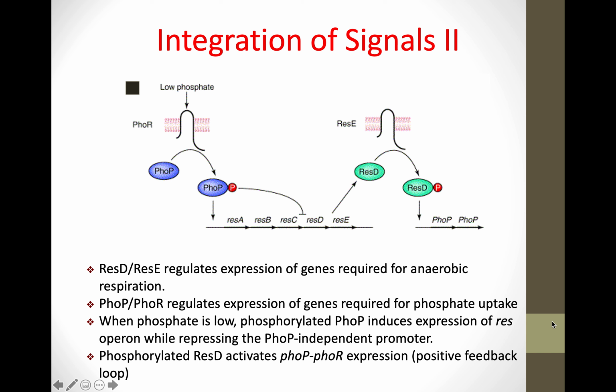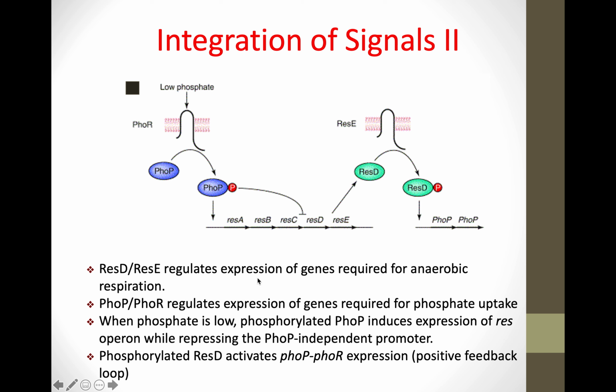So when the phosphate is low, phosphorylated PhoB will induce the expression of the Ras operon while repressing the PhoP-independent promoter. So what happens is that you will not get anything transcribed.